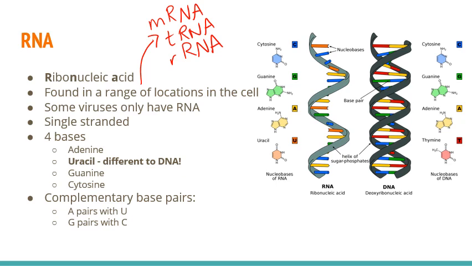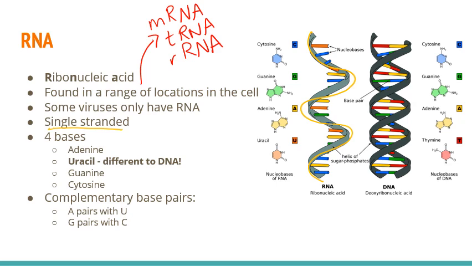Now, there are some living things out there that only have RNA. For example, some viruses will only carry RNA. There's not really much else out of that, but that's good to know. Now, RNA is single-stranded. It only has that one strand or that one backbone.